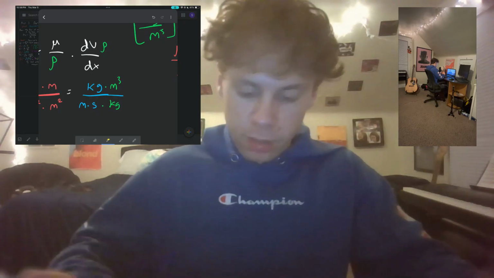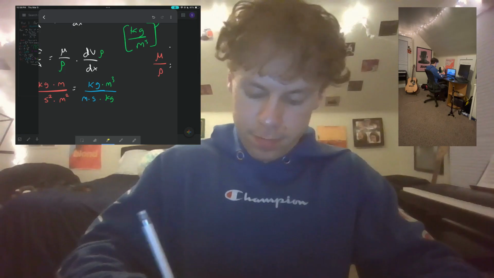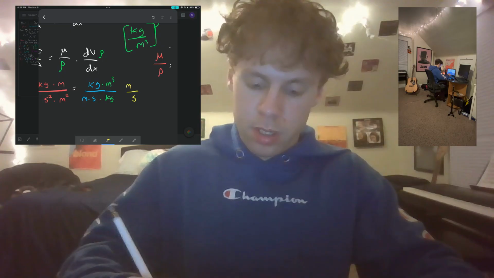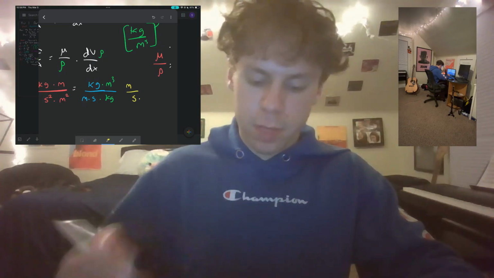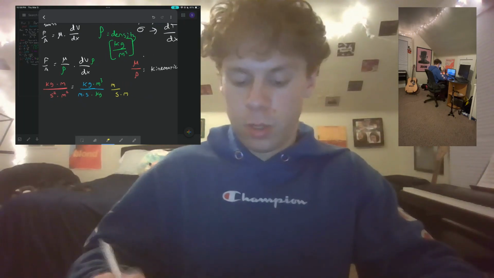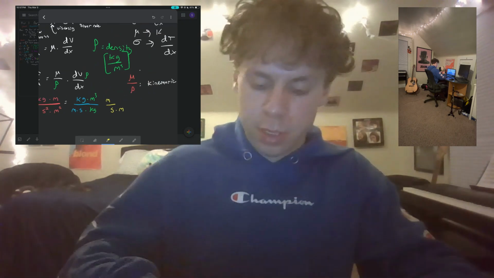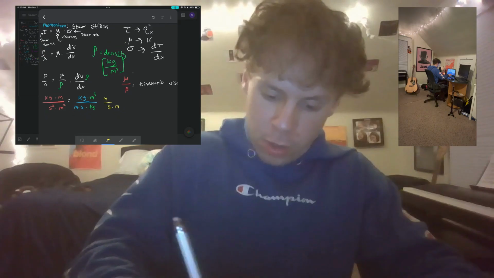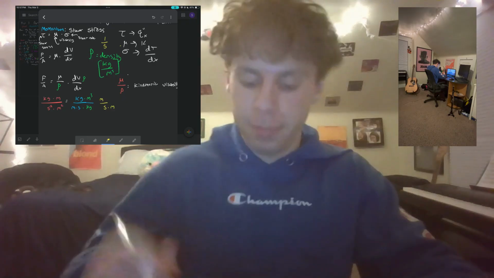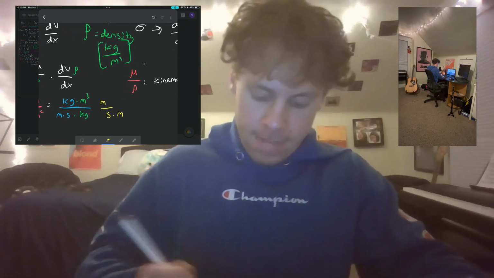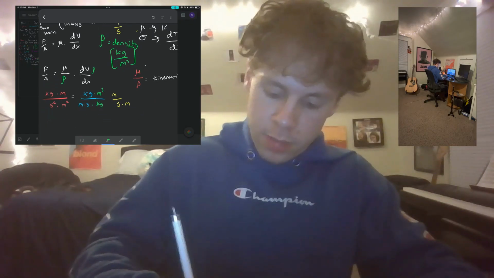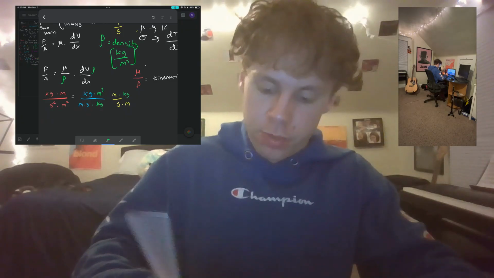So velocity being meter per second, and our position just being SI units of meters, which cancel out to 1 over s, which is good because we know our units for shear rate is just on a per second basis. And then we'll multiply that by our SI units for density. So kilograms in the numerator, meters cubed in the denominator.